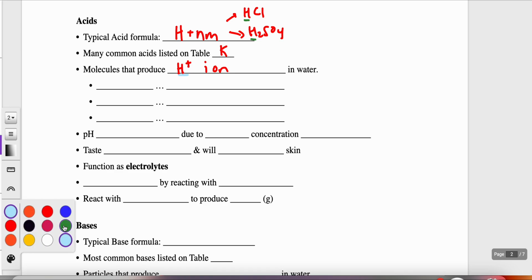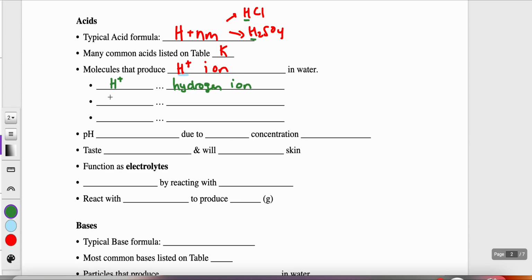Now, there are variations in which we're going to see it represented. Simply, we will see it represented as H plus. So that would be referred to as a hydrogen cation.